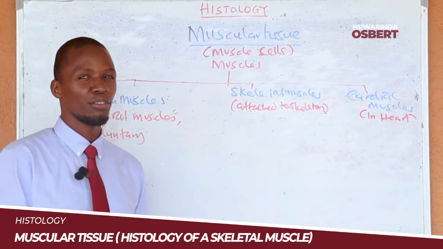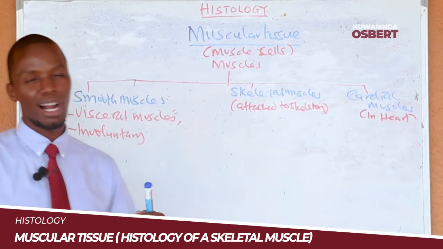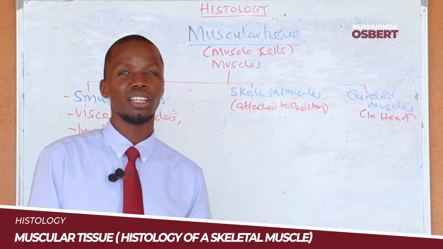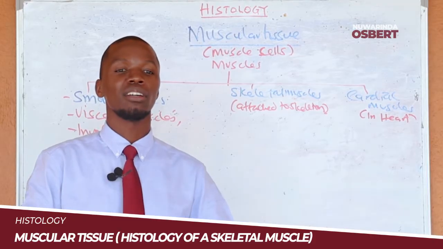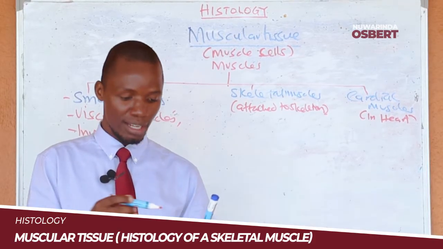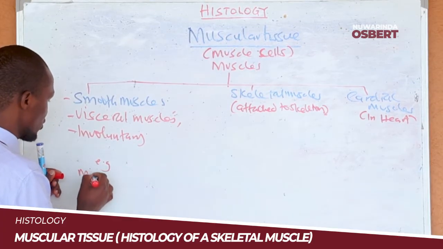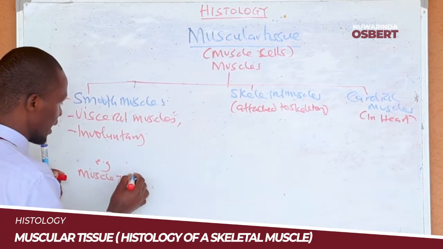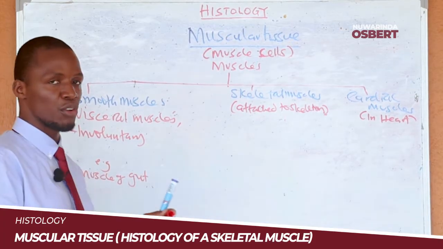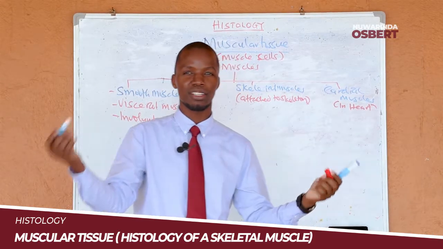Because for the case of smooth muscles, their working does not involve your conscience. They happen involuntarily. Let me give an example: muscles of the gut. I am sure as you're watching this video, you ate something yesterday.